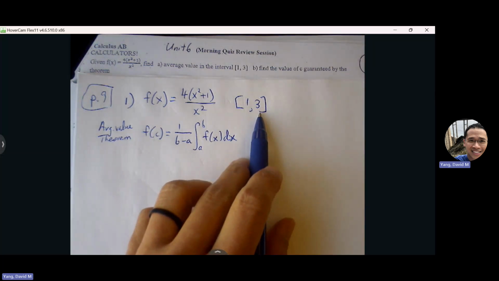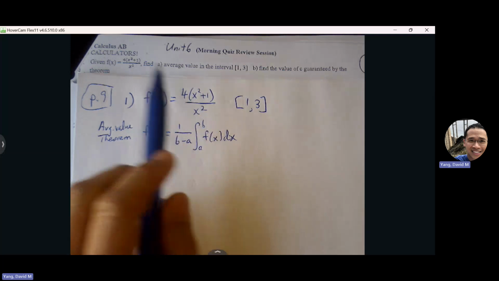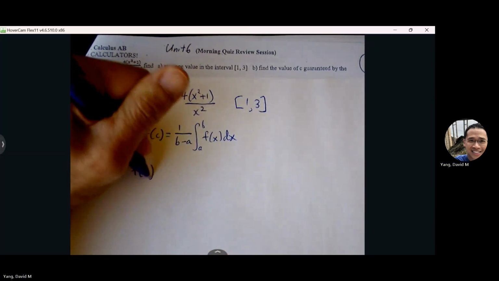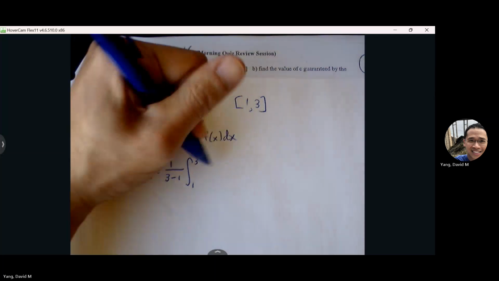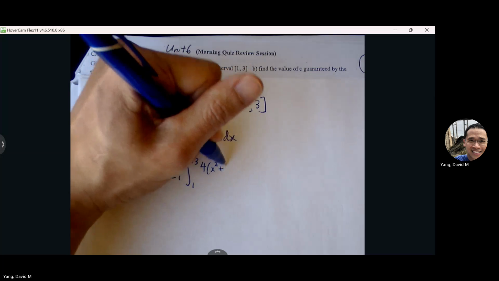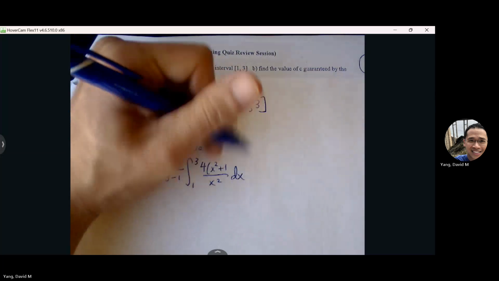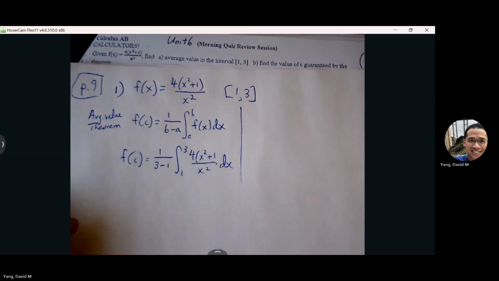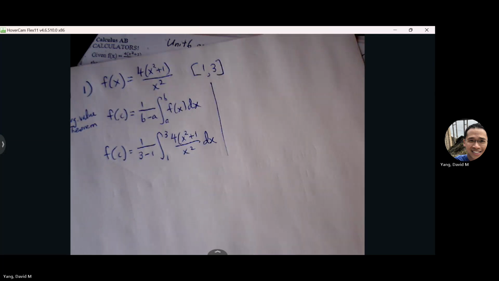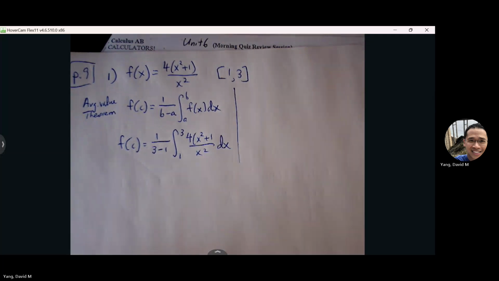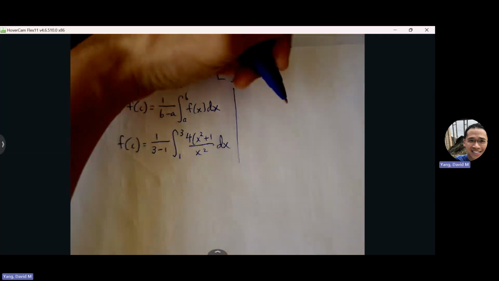Our a value is 1, our b value is 3, our function is the expression provided. We do a little bit of cleanup here, make this 1/2.